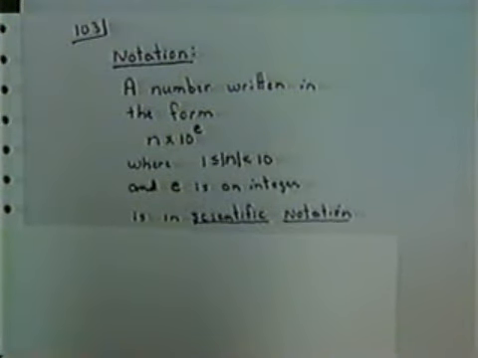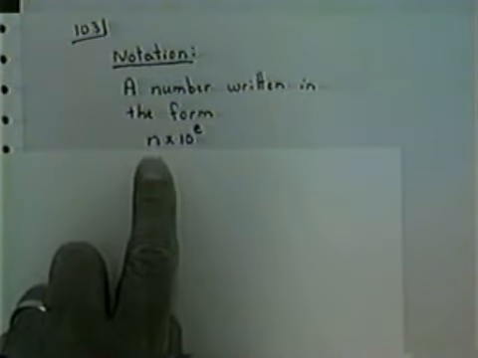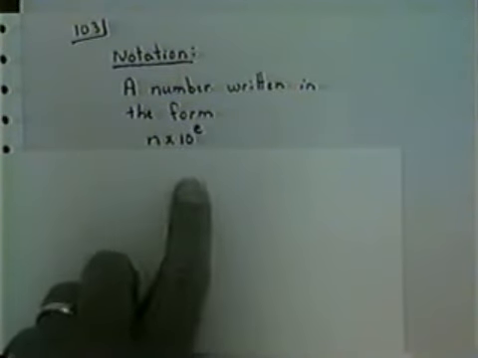N is some number whose absolute value is between 1 and 10. In other words, n has one digit to the left of the decimal place. So 1 is a number that has one digit to the left of the decimal place.